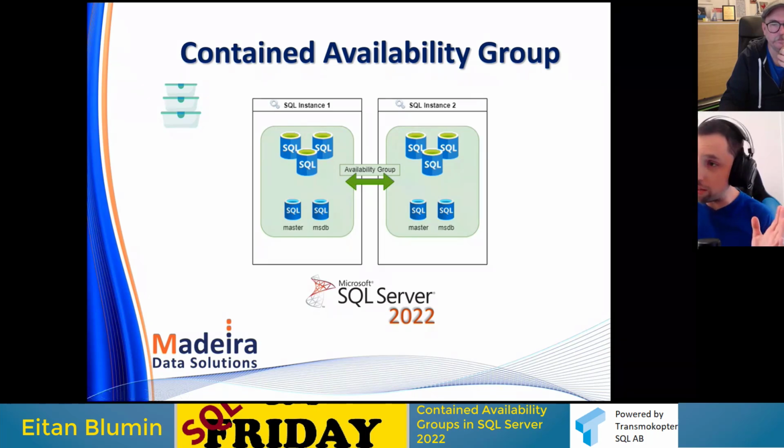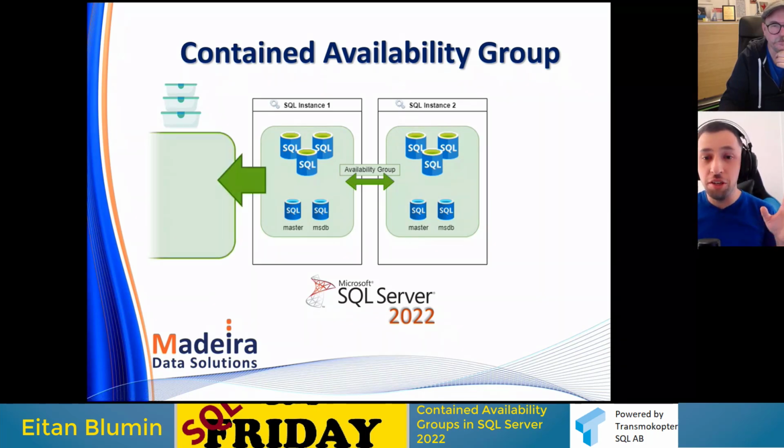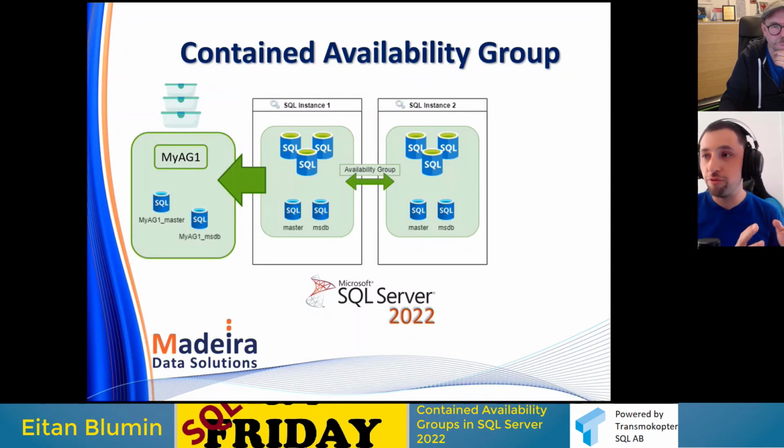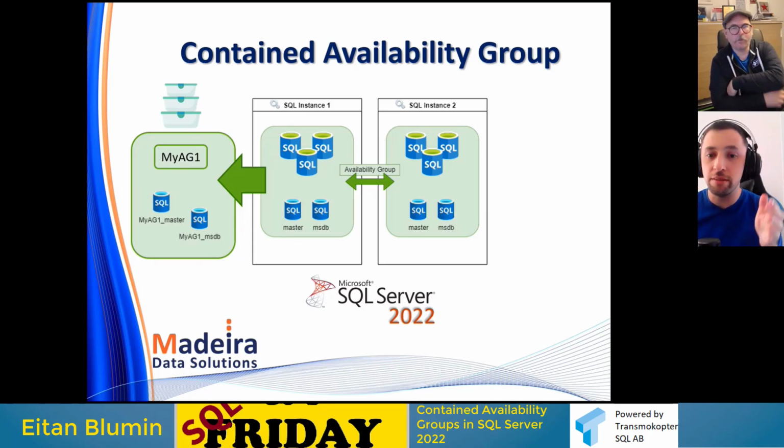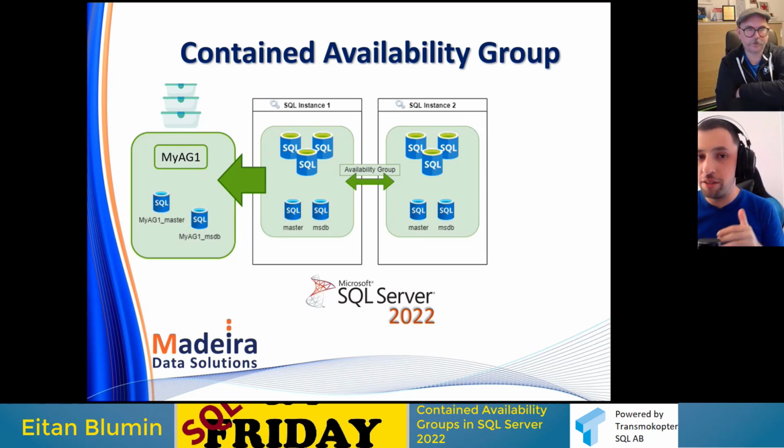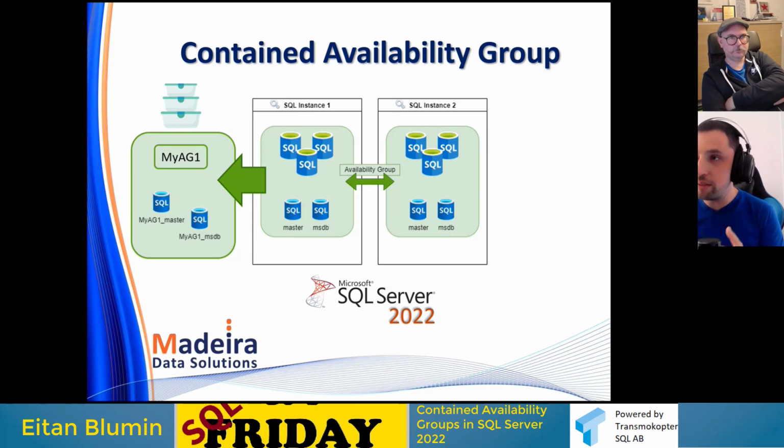what SQL Server 2022 does, is create a new pair of master and MSDB databases, which serve as de facto system databases within the availability groups. These are basically the system databases contained within the availability group.